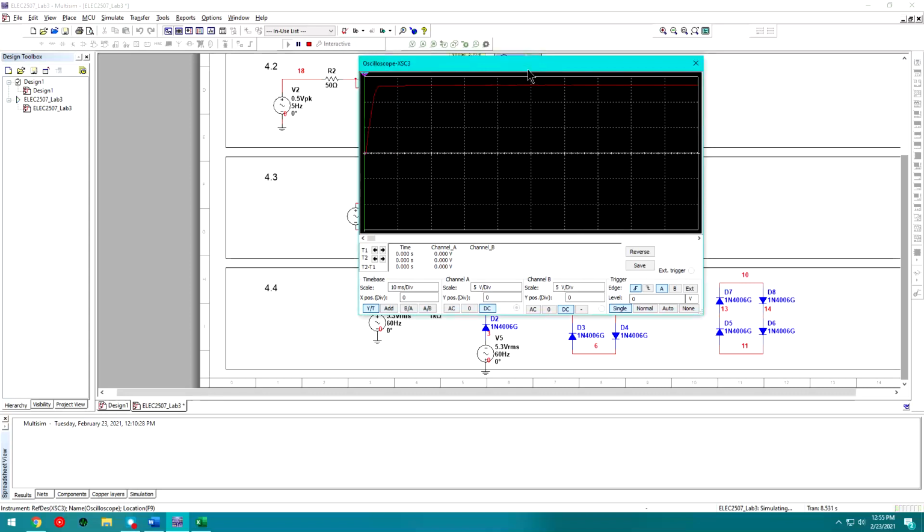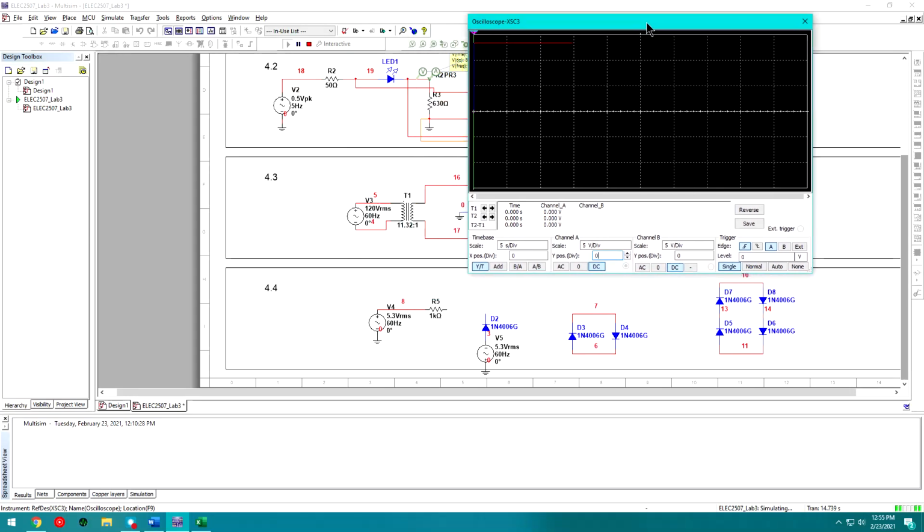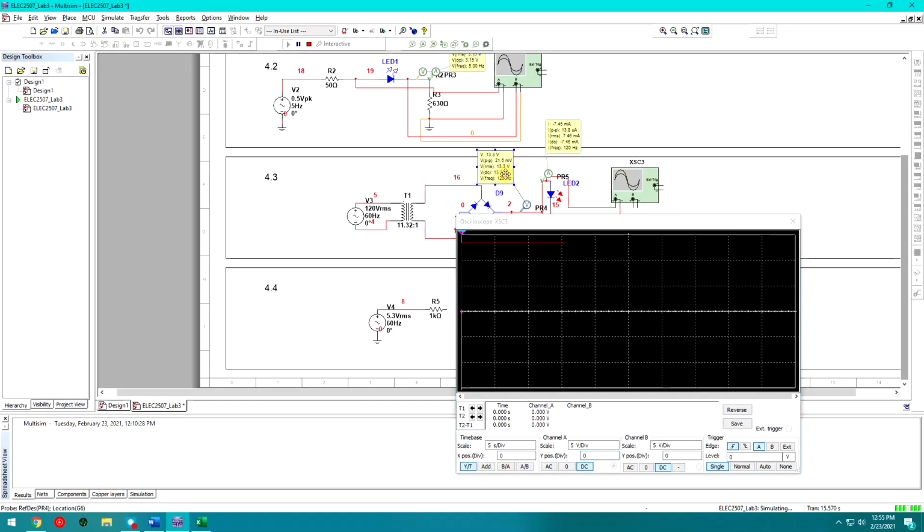If we look at the actual waveform, and maybe switch to a different time scale where we could see multiple sections of waveform, we'll also increase the scale to 5 volts per division. We can see we're offset by 13.3 volts.